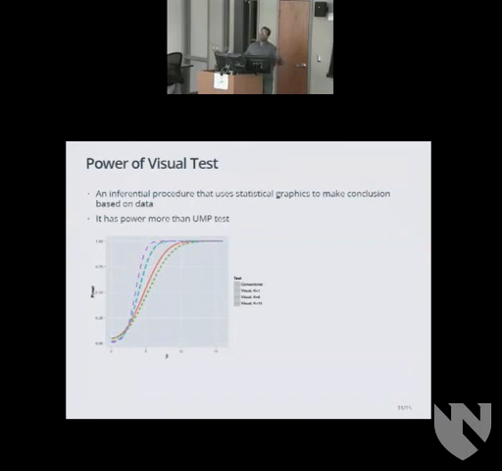So by bringing more people into this process, we are actually getting more power in our test. So it beats the uniformly most powerful test, which has been our theoretical result for the last 100 years, that you cannot beat the uniformly most powerful test. But now, using the visual test, we can beat that power.